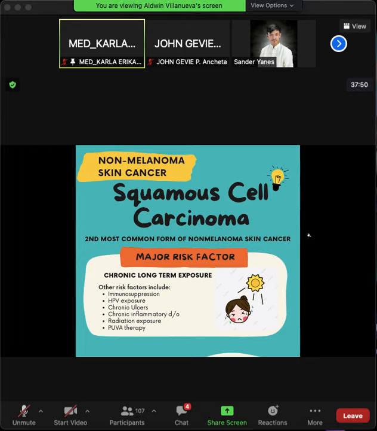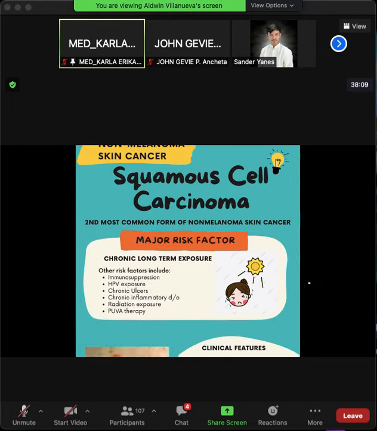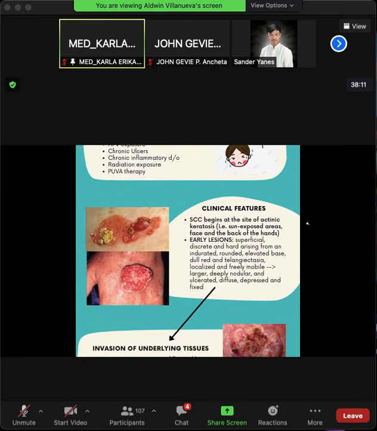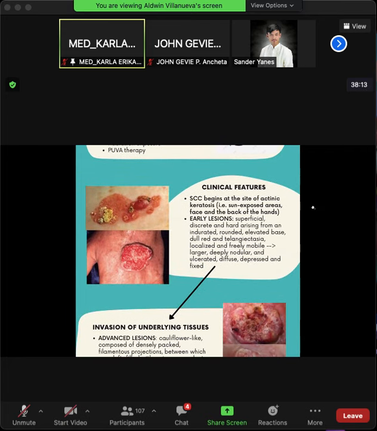The major risk factor for SCC is chronic long-term sun exposure, with other risk factors such as immunosuppression, HPV exposure, especially 16 and 18, chronic ulcers, chronic inflammatory disorders like hidradenitis suppurativa, radiation, and PUVA, psoralen ultraviolet A therapy for psoriasis.